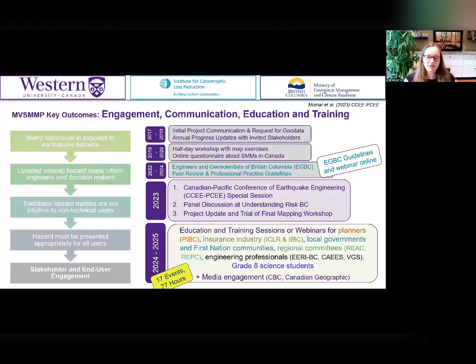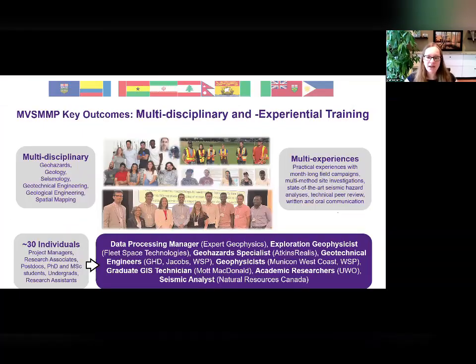In the last year I've been involved in about 17 events, spending about 77 hours trying to educate about the improvement in seismic hazard mapping through the project. And so we've reached a variety of audiences who may or may not interact with these maps.